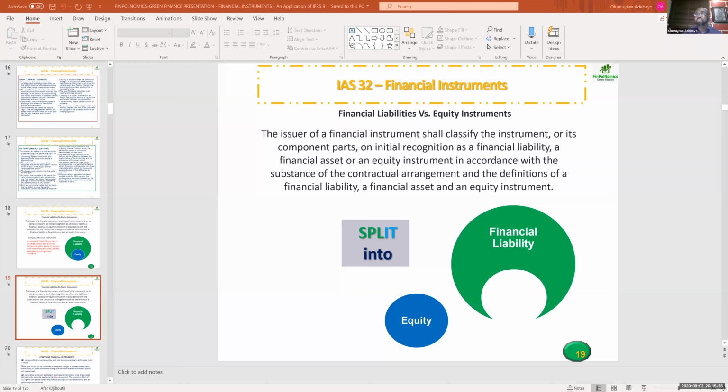Why will you go for the one that has the option to convert? I'll go with the one that has the option to convert because at the end of the day, one, I would have enjoyed the same interest on my investment.